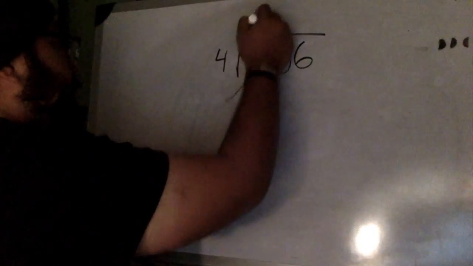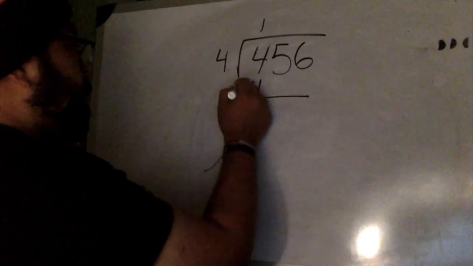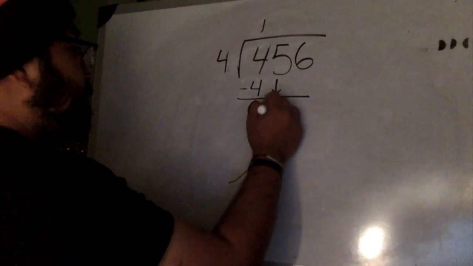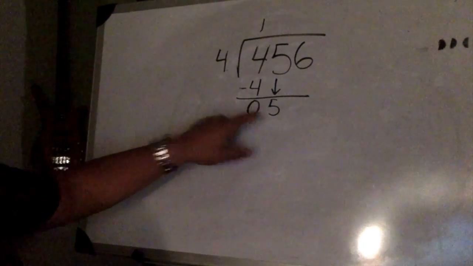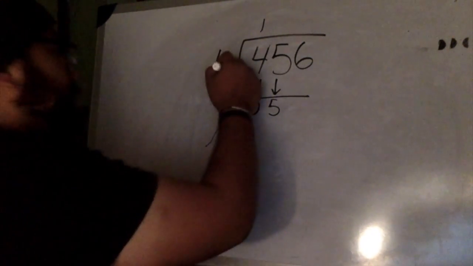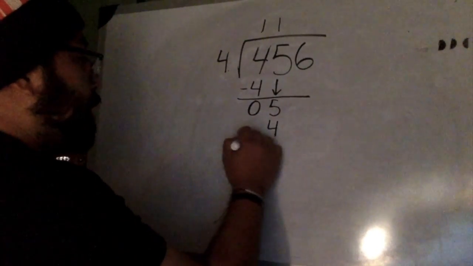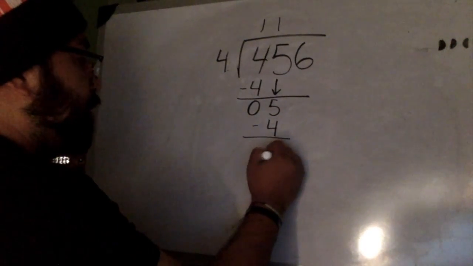4 times 1 equals 4. 4 minus 4 equals 0. Drop the 5. How many times does 4 go into 5? One time. Because 4 times 1 equals 4. And then we subtract 5 minus 4 equals 1.